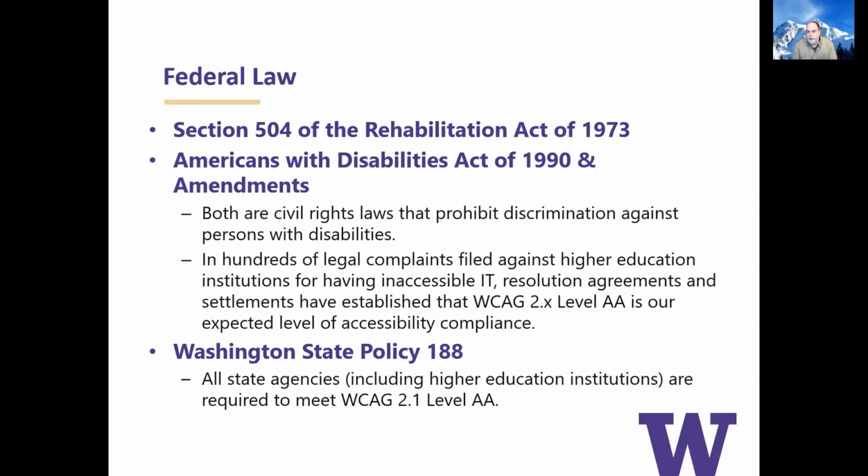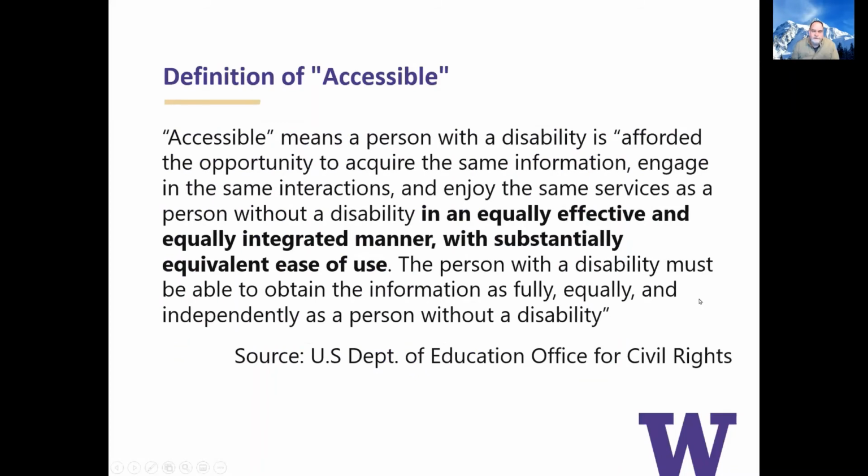It's called Policy 188, and it talks about the responsibilities and requirements for state institutions to be accessible with their IT offerings. It is an IT-specific policy. I don't really want to go into a lot of detail about that. We can later, but we'll leave the legal details for the legal folks.